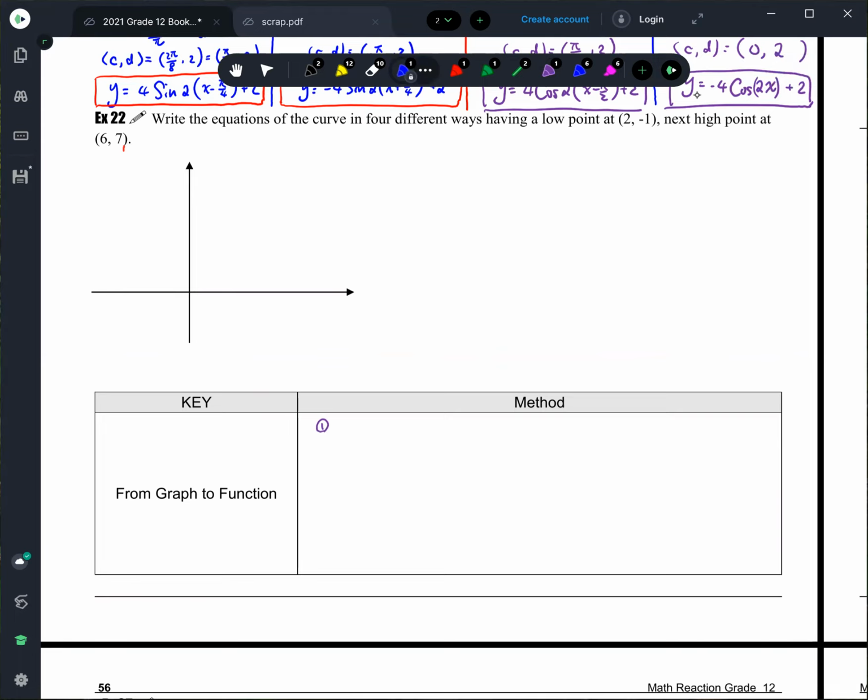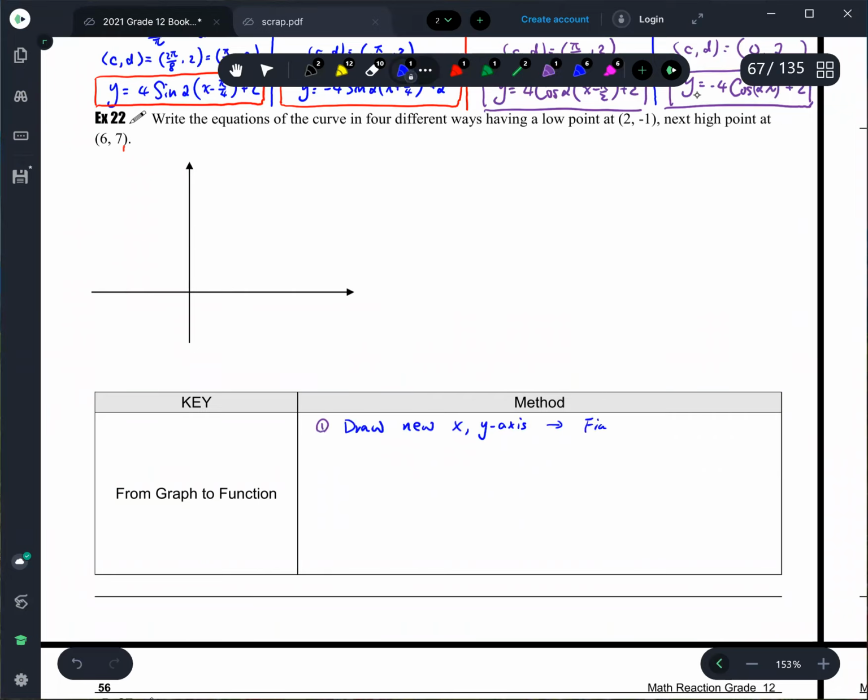Step 1 is to draw new x and y axis, and then find new origin. Okay, from graph. So they give you the graph somewhere, right, like that. And then you want to write an equation. After you got the new origin, then A is the amplitude.